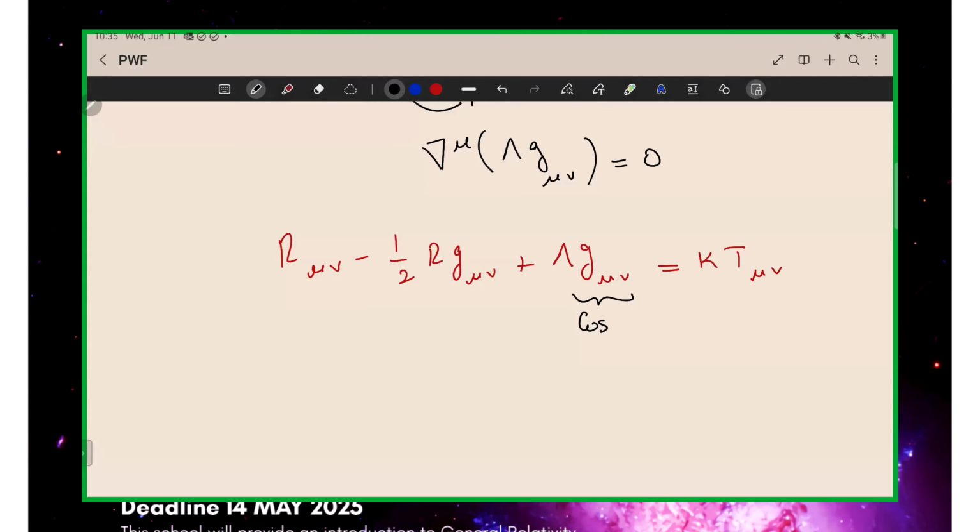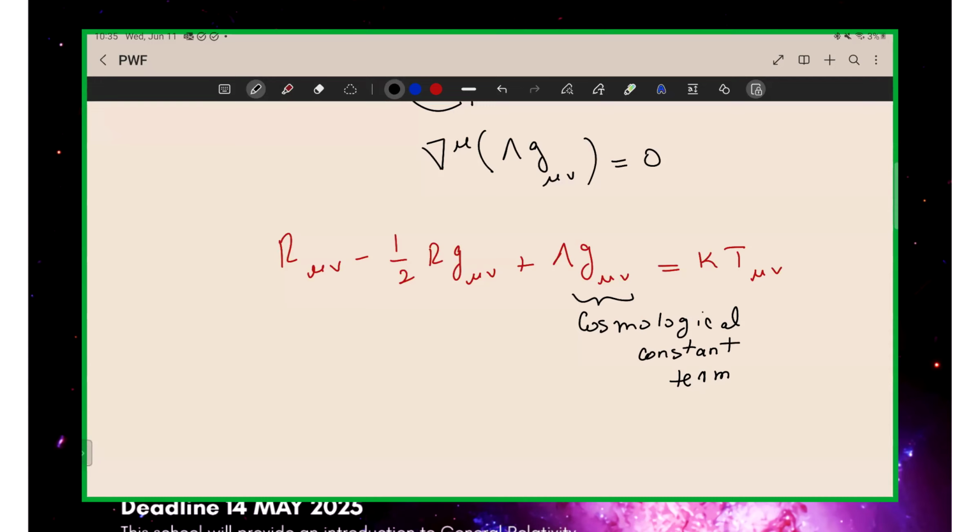Okay, cosmological constant term. This term is used whenever you want an anti-gravity type of effect. It was used by Einstein to balance the universe from expanding.